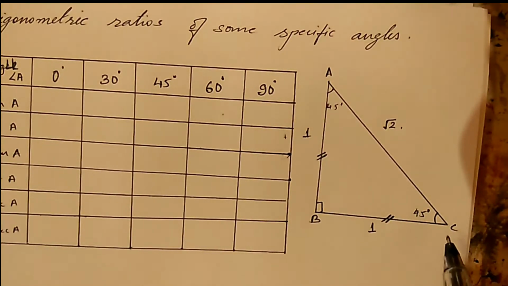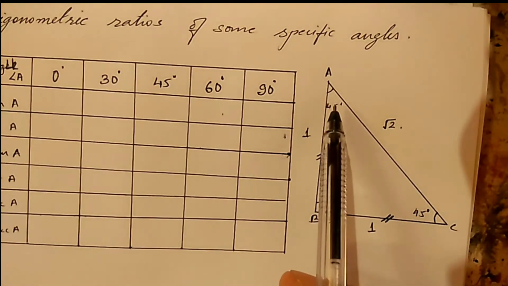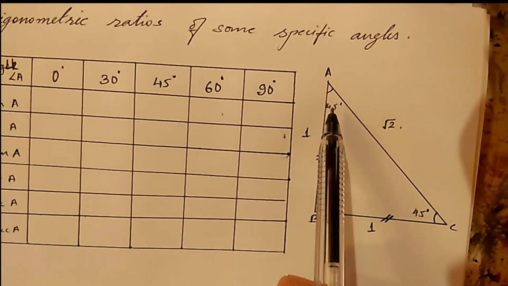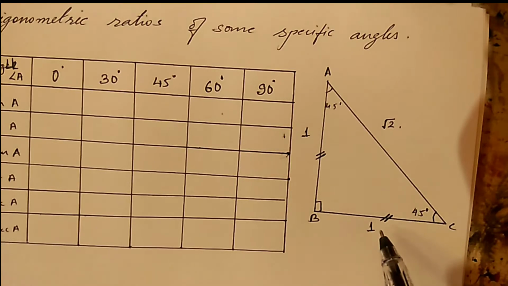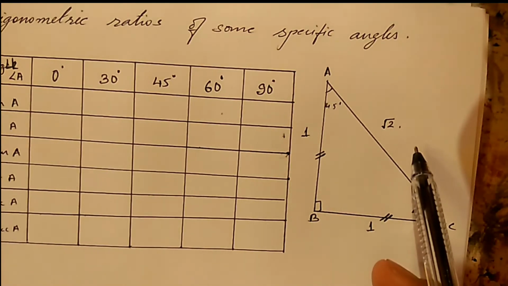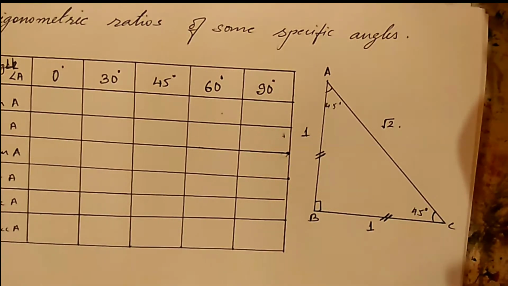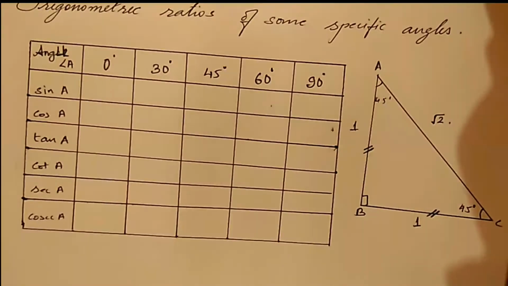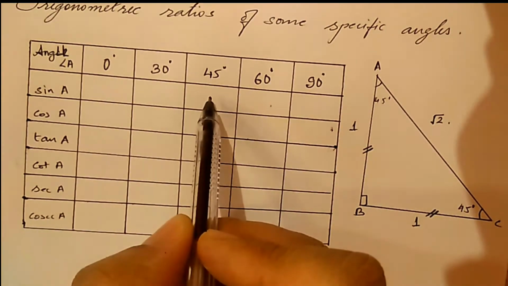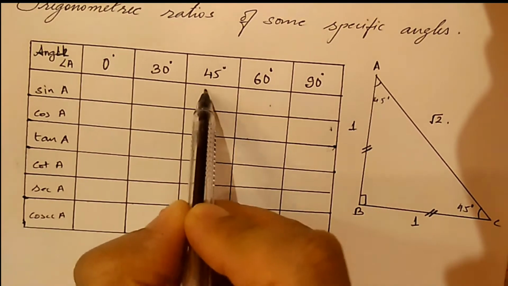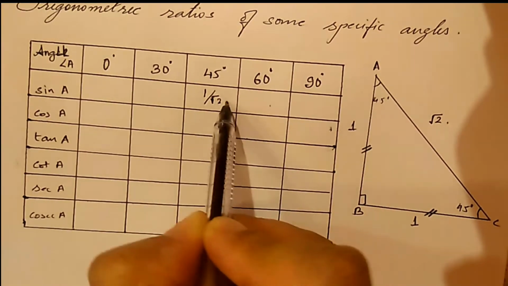So if I am finding sine of A, then what is sine? Perpendicular by hypotenuse. So what will be the value? 1 by root 2. So in this table where I have these specific angles, sine of 45 degree will be 1 by root 2.